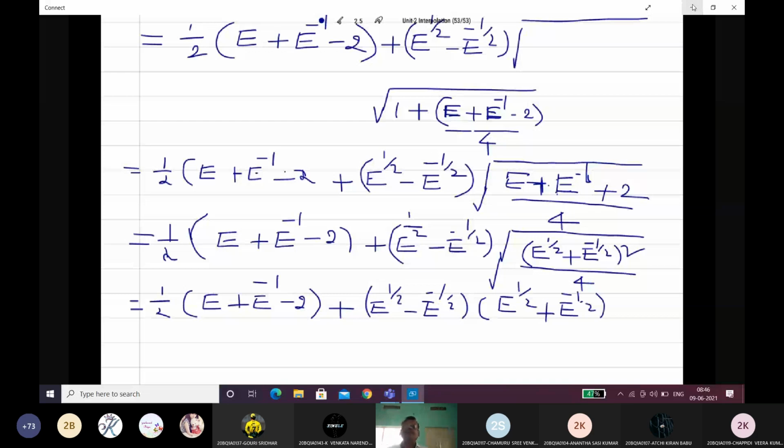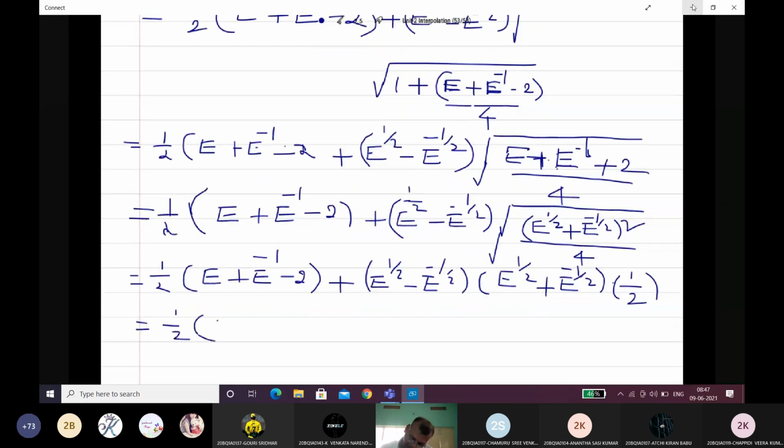So again it is in the form of a plus b into a minus b. That is equal to 1 by 2 e plus e power minus 1 minus 2 plus 1 by 2 into a square minus b square, that is e minus e power minus 1.